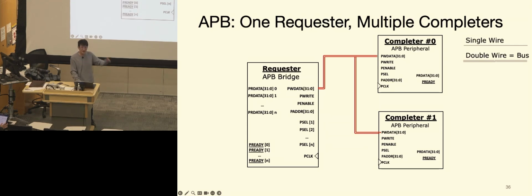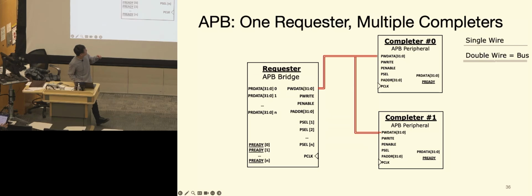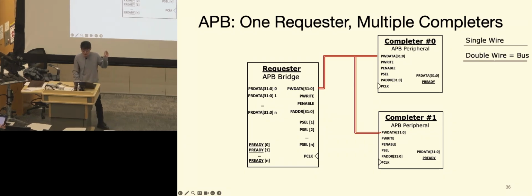So that was a slightly easier version. Basically, we have one requester and one completer. What happens if we have multiple completers, or multiple slaves? Let's start with P-data. As we talked about before, the P-data pin is shared with all the peripherals. All of them see the same data, and the trick is when it's your turn to respond.